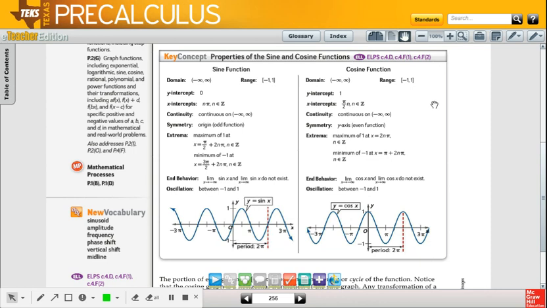The x-intercept is pi over 2 plus n pi, where n is a subset of natural numbers. So you always have an x-intercept when it's pi over 2 or 3 pi over 2, whatever number n is.